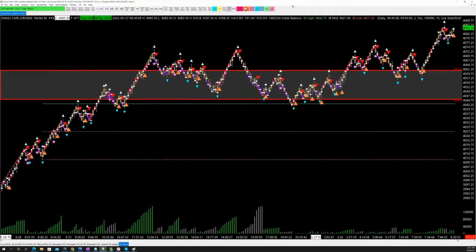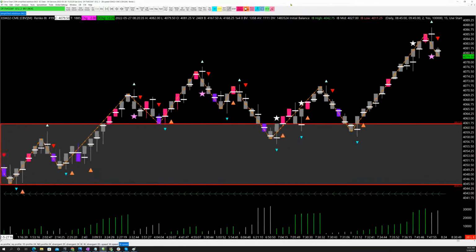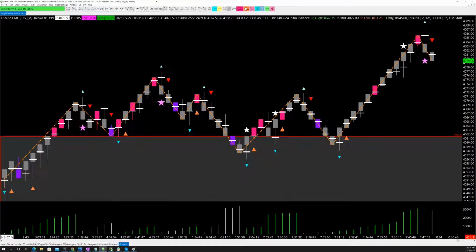Okay, so let's say we come in and let's use Friday morning to start. First of all, let's define what a power bar is. A power bar are these bars where there's little triangles on top and on bottom. They're blue on top, they're blue on bottom. And the bias setting is pretty easy. We'll start at the most simplistic form, and then we'll get to areas that are more complicated in later videos.